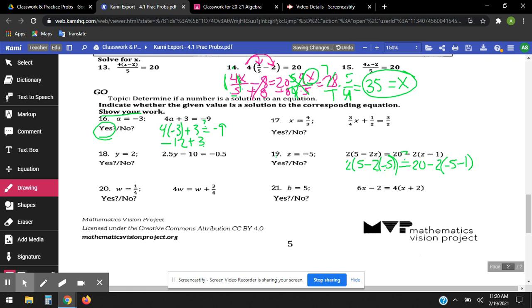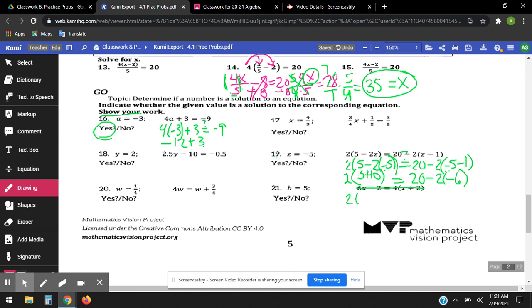So 5 minus a -10 is actually a 5 plus 10. So I'm going to go 2 times 5 plus 10. Does that equal 20 minus, so a -5 minus 1 is a -6, right? 2 times -6.